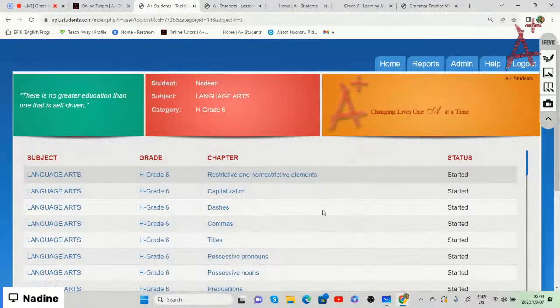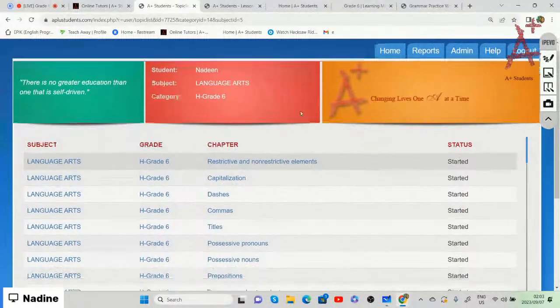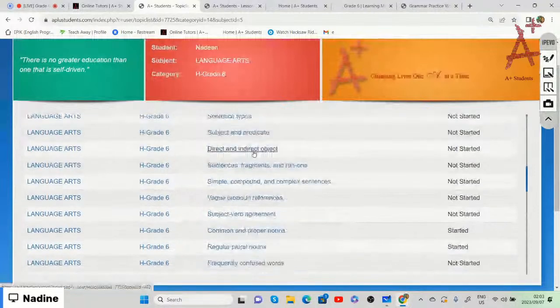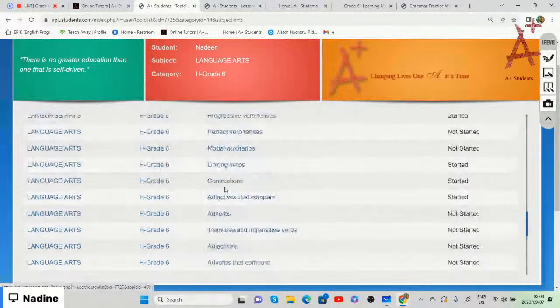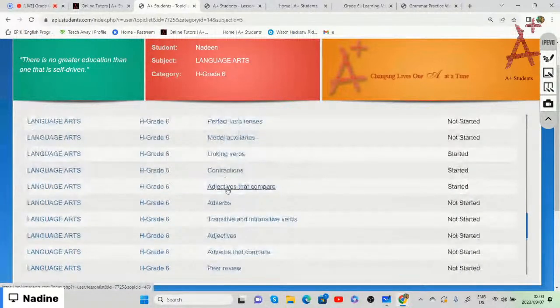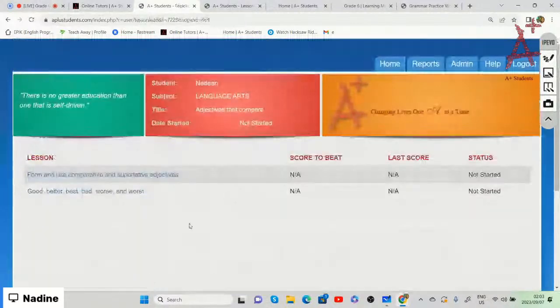We're going to then scroll down our chapters until we get to the chapter of adjectives that compare. All right, so our chapter for today is adjectives that compare. And under the chapter adjectives that compare, we're going to be doing the lessons of form and use comparative and superlative adjectives.